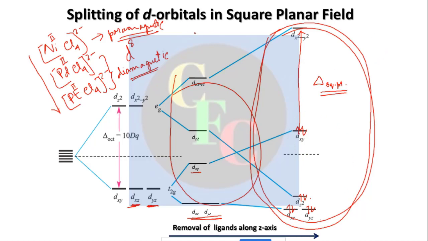But for a tetrahedral system, there would be 3 unpaired electrons. That's why this is paramagnetic, because nickel and chlorine do not produce much crystal field, and they are tetrahedral. This is tetrahedral and this is square planar.